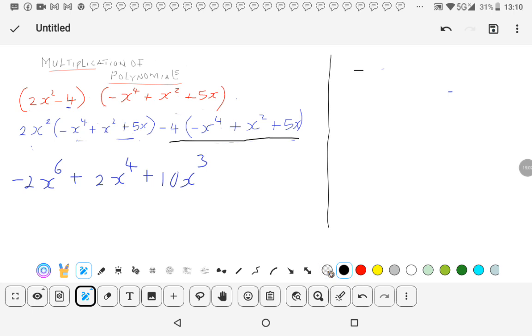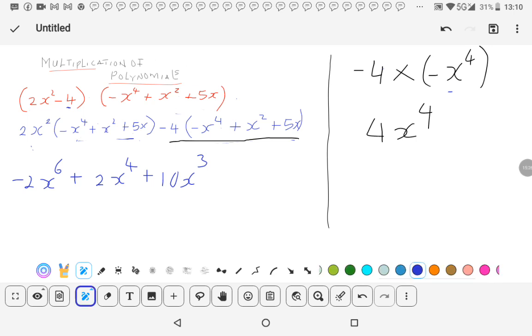Here 4 doesn't have x, it's only 4. So you just multiply it. We have minus 4 times minus x, so this will give you plus 4x raised to the power of 4. So you now write it down, plus 4x raised to the power of 4.